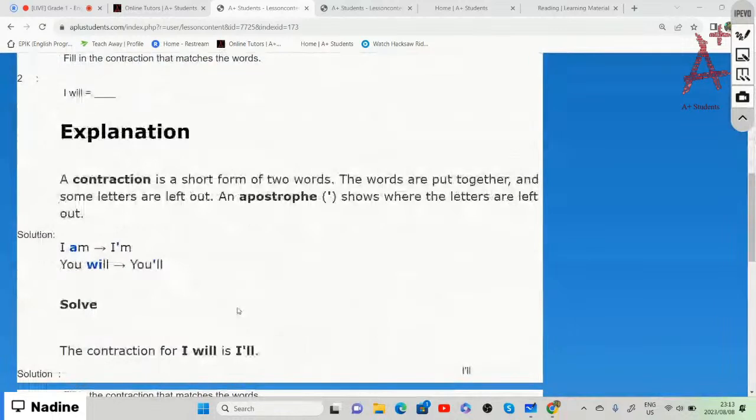All right, I will. We need to find the contraction, which is the short form of the words I will. The short form for I will is I'll.